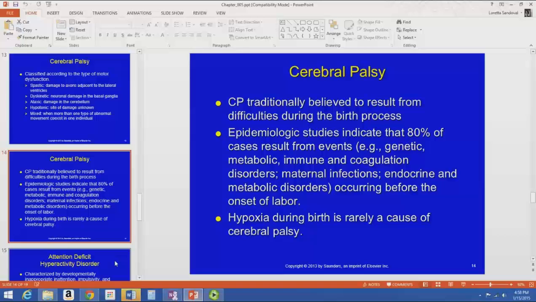Immune problems, coagulation disorders, maternal infections can cause problems, and endocrine and metabolic disorders in the mother can actually cause those before the baby's even born. So hypoxia during birth, which was originally believed to be the biggest cause of CP, is rarely a cause of CP. That's the current thinking.